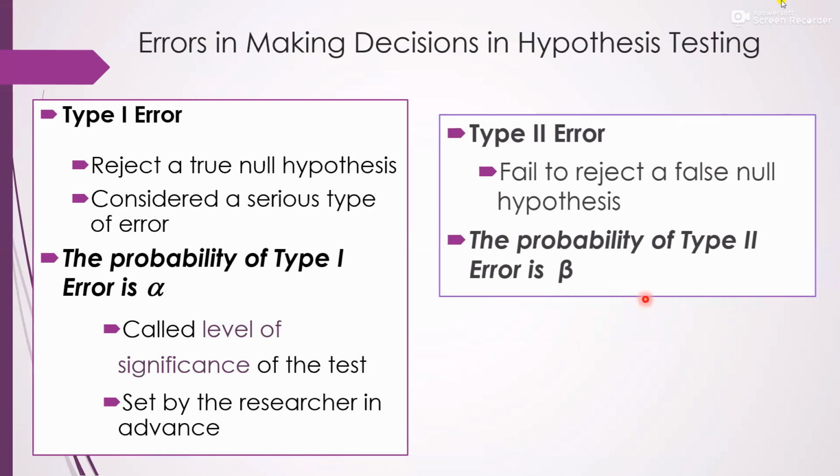We will learn it in the third year statistics subject, with statistical software, where we will learn about type 2 error and the power of the test. Here, the type 1 error is important. Anyway, you have to know the difference between type 1 and type 2 error, what the level of significance is, and what the type 2 error probability is. These are the things we have to know, right?